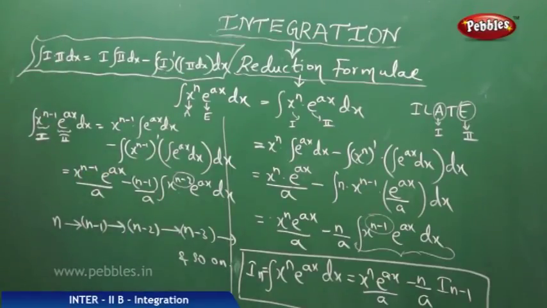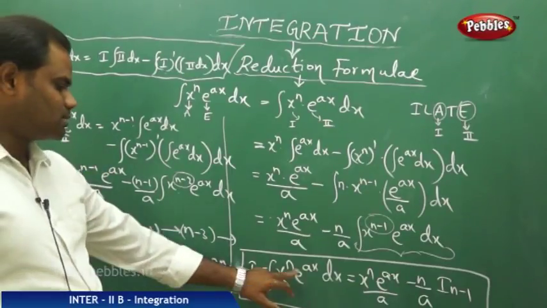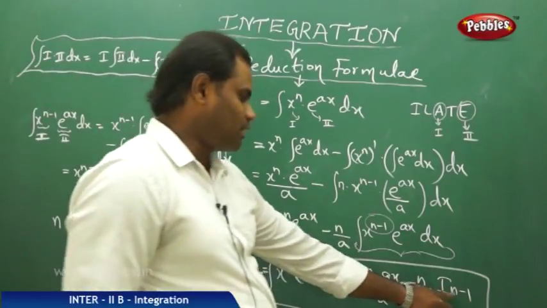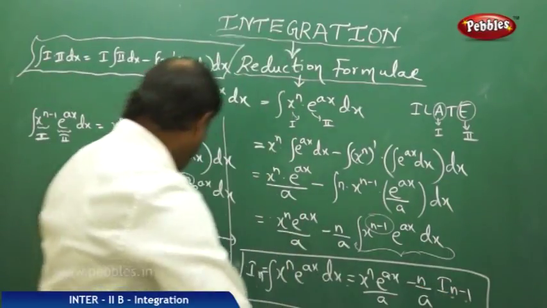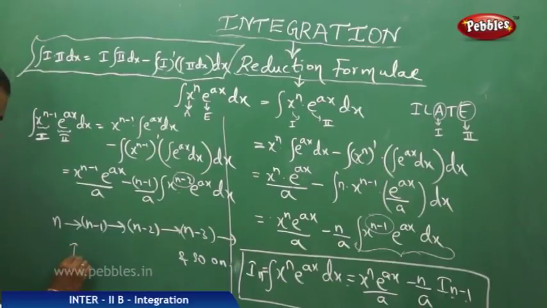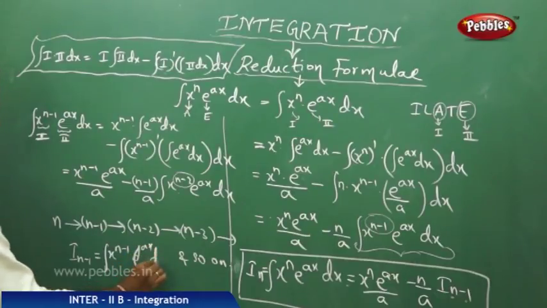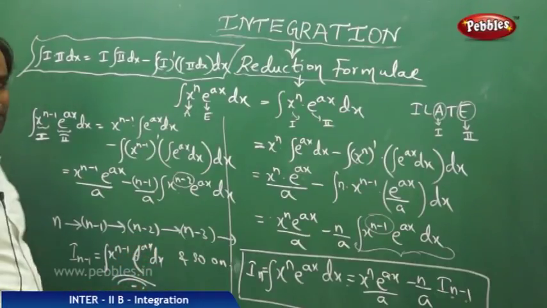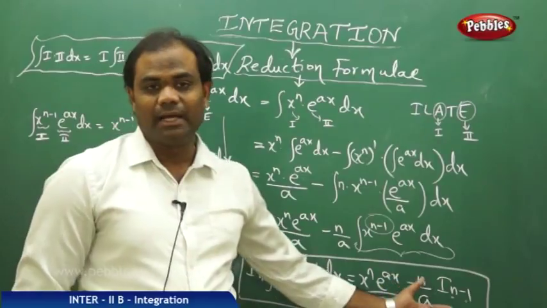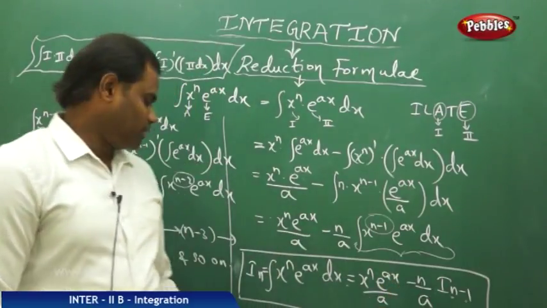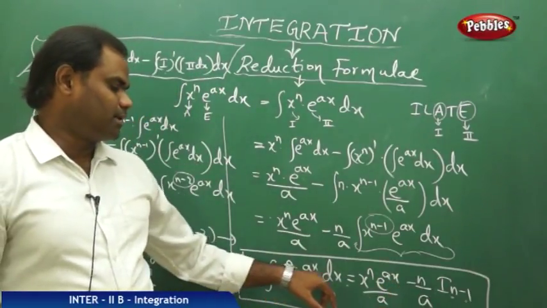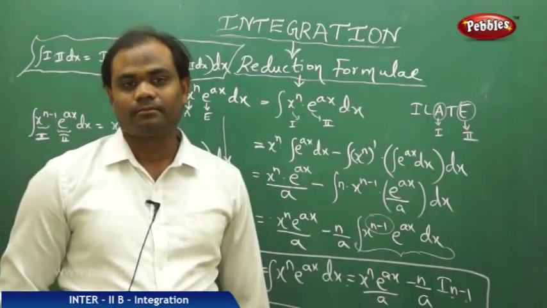The formula says that I n is equal to this, which is this of I n minus 1, where I n minus 1 is integral x power n minus 1 e power ax dx, is how we call this the reduction formula for integral x power n e power ax dx.